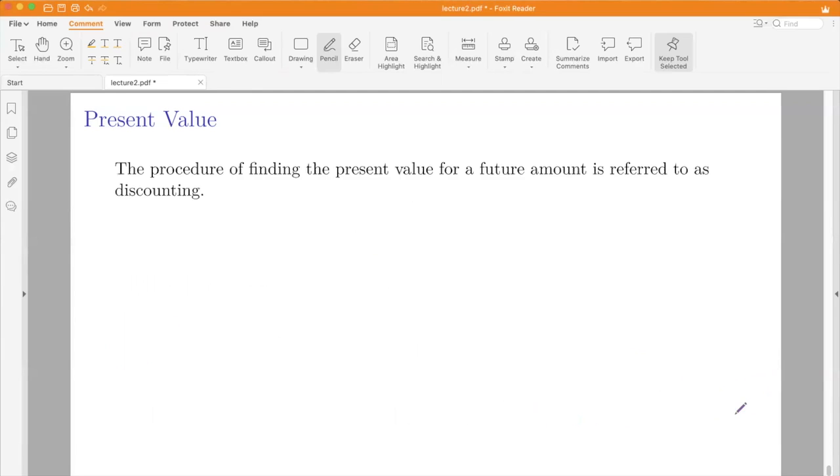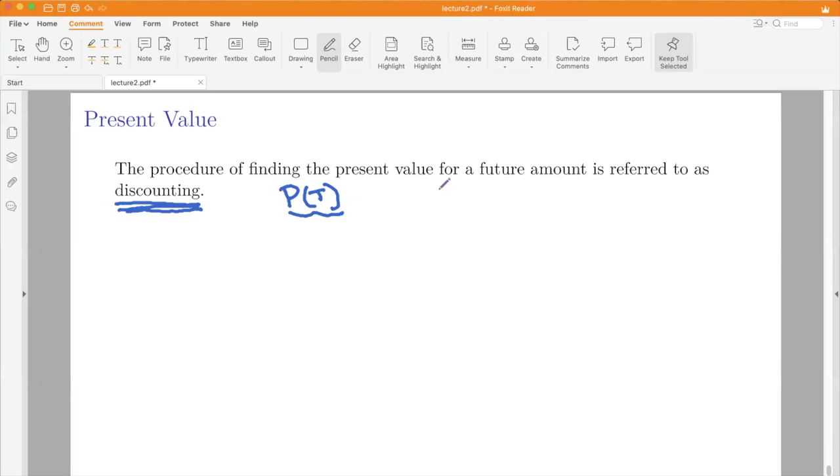The procedure of finding the present value for a future amount is referred to generally as discounting. So you want P of t. This is surely the money which is more than what you have to invest.